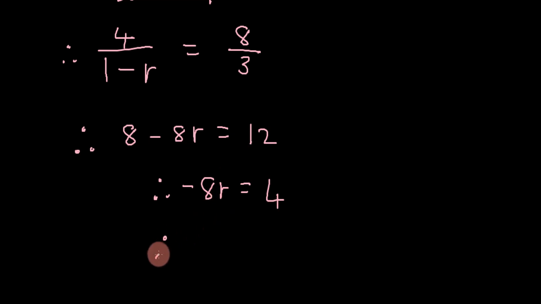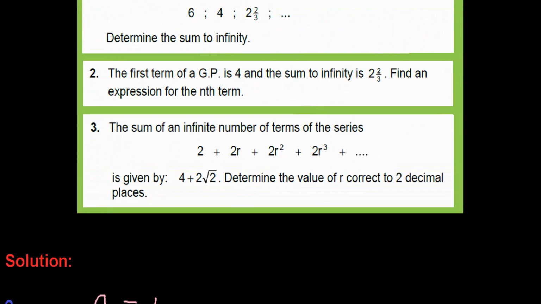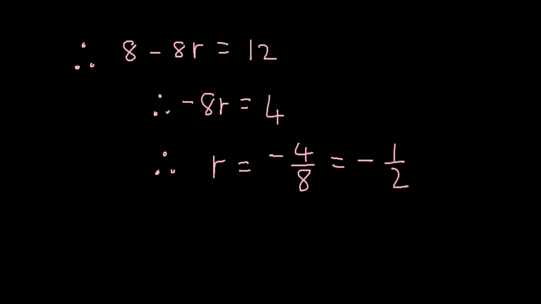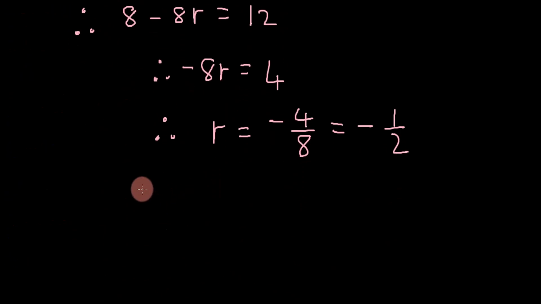And we can solve for R. It's going to be negative 4 over 8, which equals negative a half. Now, we need to find an expression for the nth term. And we know that we are dealing with a GP. So we know that T sub n is A times R to the n minus 1.